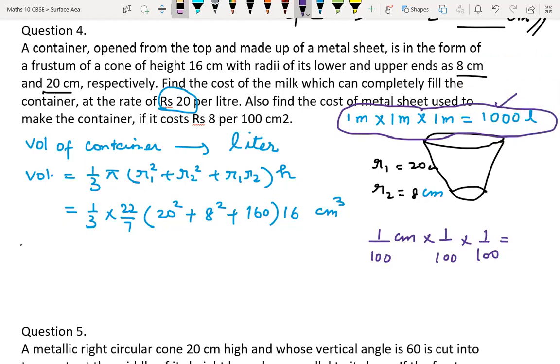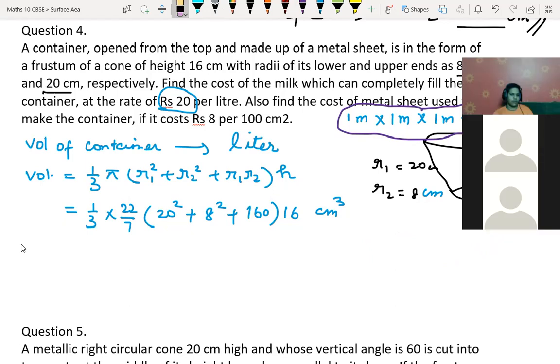What we need to do, children? Tell me, Samarth, 1 centimeter cube is equal to how many liters? I think 1 by 1000, sir. 1 by 1000 liters. Okay, so you have to divide by 1000, correct?